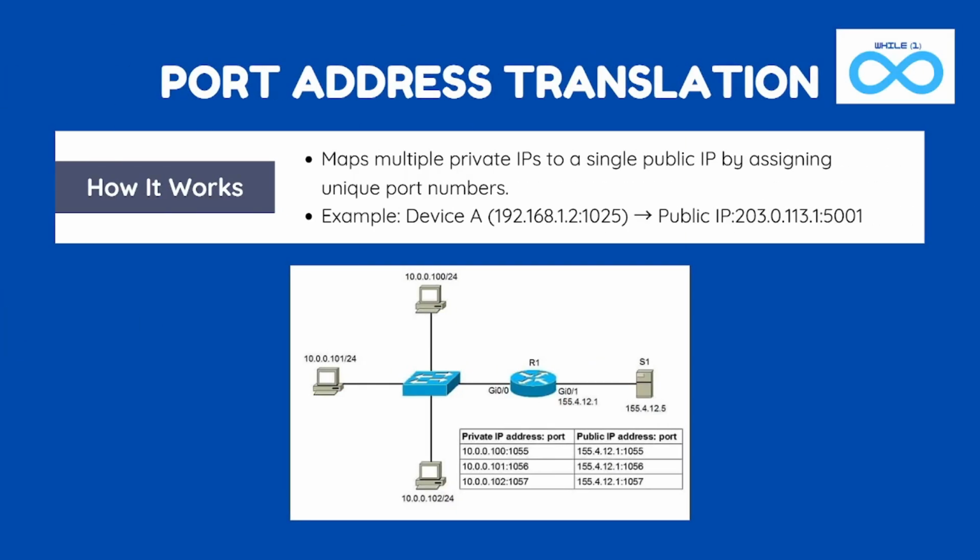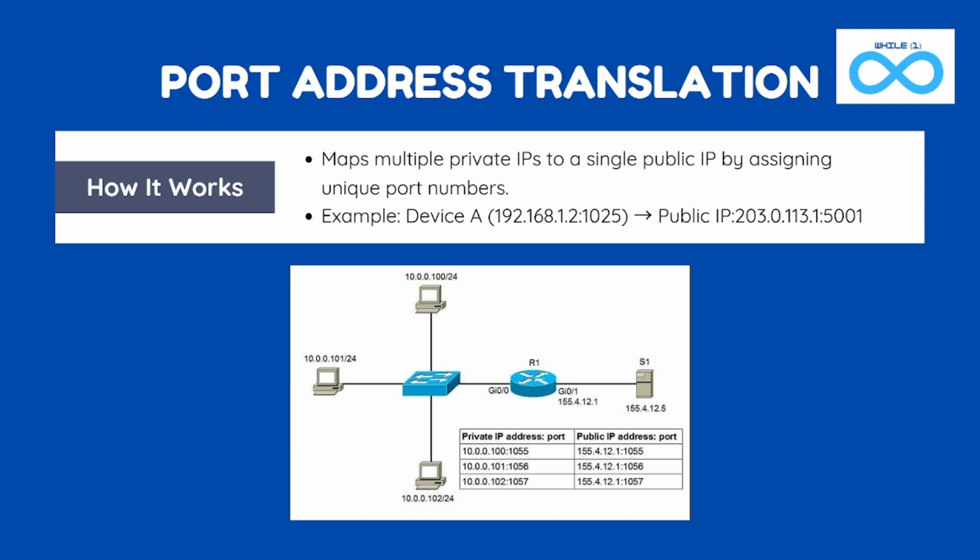Moving on, let's talk about PAT. Port Address Translation takes scalability to the next level by allowing multiple private IPs to share a single public IP. Each device gets a unique port number for differentiation.